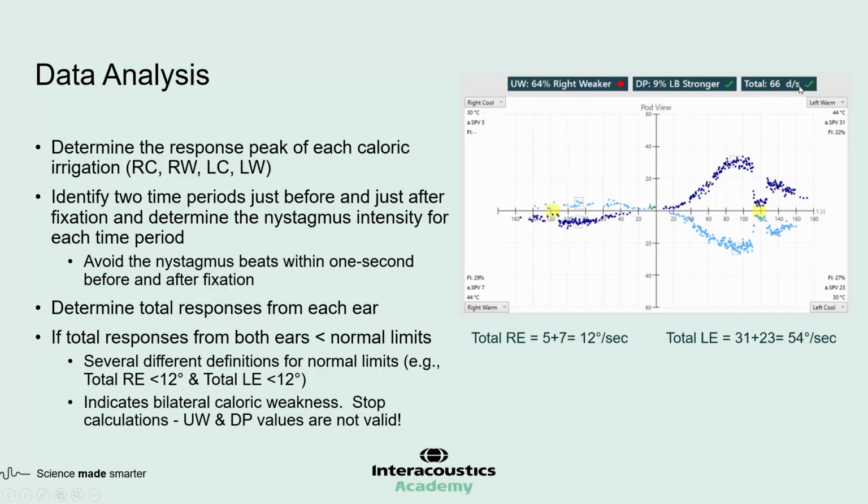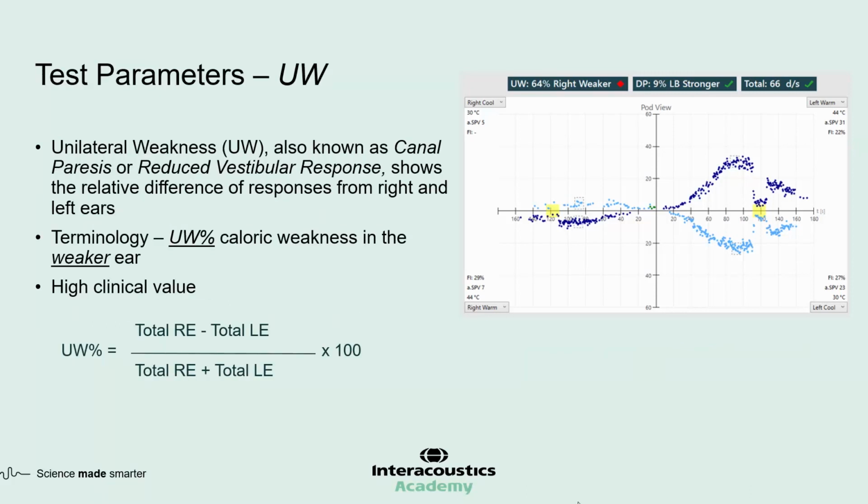As you see, again, the computer takes care of most of these for you, but you should be aware of what the computer is calculating, so that if there's a problem, you can recognize it. The test parameters: the most important test parameter in the caloric testing is unilateral weakness. It's also known as canal paresis or reduced vestibular response. It shows the relative difference between responses of the right and left ears.